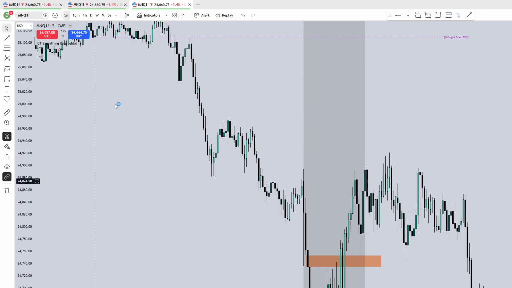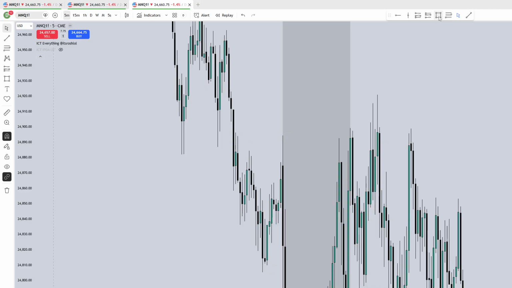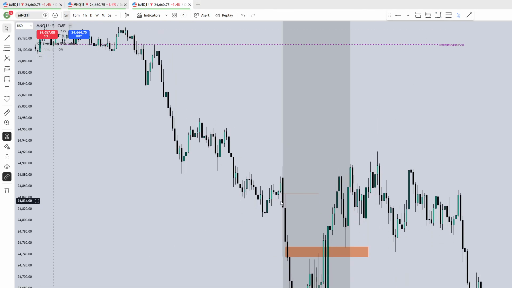I didn't see this slight small fair value gap, which I can't blame myself for, but since this displaced over structure and that is a swing low, that fair value gap would have been the model short, not this one.